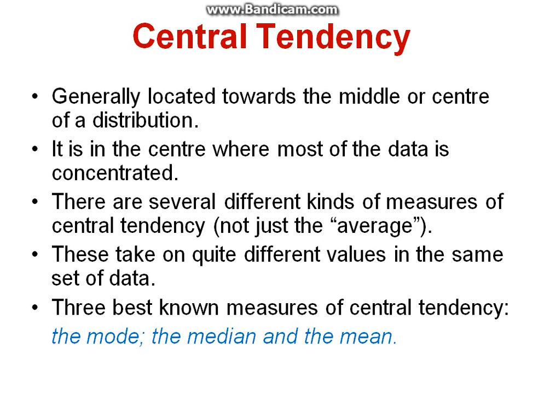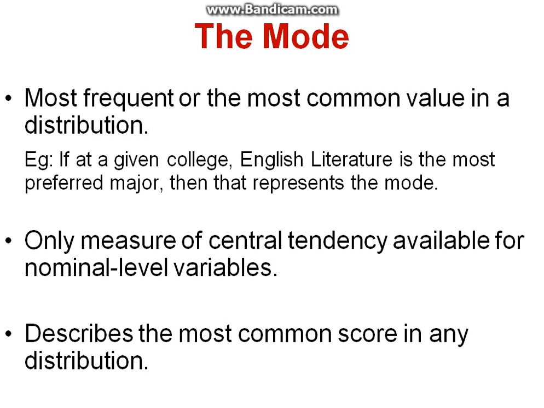So, in order to do away with all of that imprecision, we'll note as we go forward that there are different kinds of measures of central tendency, and that these different measures take on quite different values in the very same data set. The three best known measures of central tendency are the mode, the median, and the mean. Let's deal with each of these one at a time.